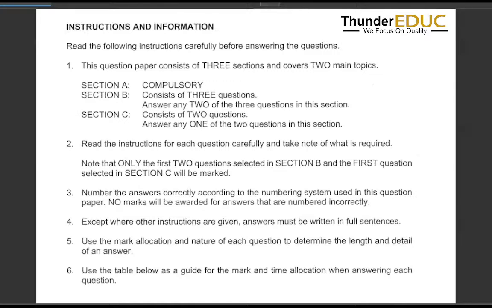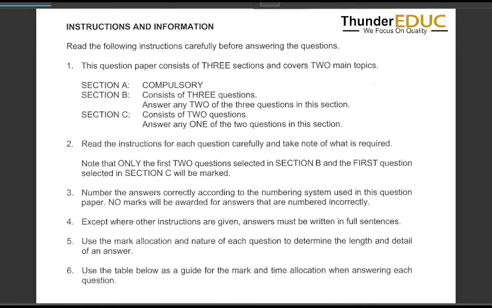Where you find one starts with section A, from section A you jump onto section C, then after section C, you start answering section B. No, that one is a total no. So make sure that you follow the numbering system that is always used in a question paper. Don't come up with your own numbering system, because the moment you do, it is going to negatively affect you.